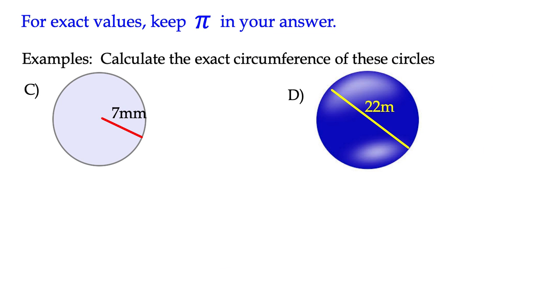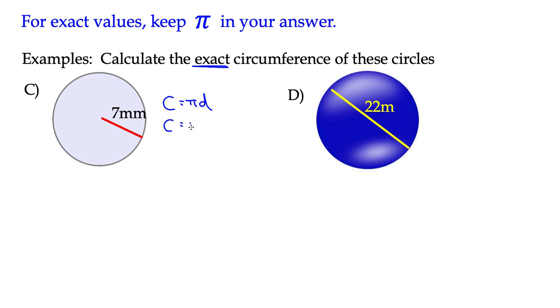Just a final little note. In certain mathematics, we don't actually want an approximate answer. When we round with a calculator and use 3.14, it's not an exact value. It's absolutely fine in some mathematics to just keep your answer with a pi in it. So in this case, calculate the exact circumference. That's the clue here. We've got a radius of 7 millimeters. So I'm going to write down C equals pi multiplied by d.